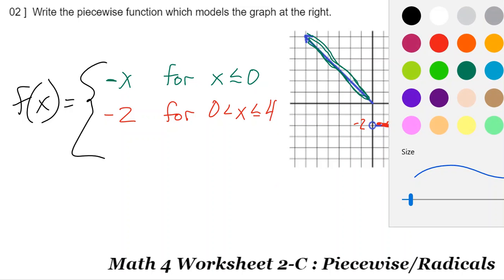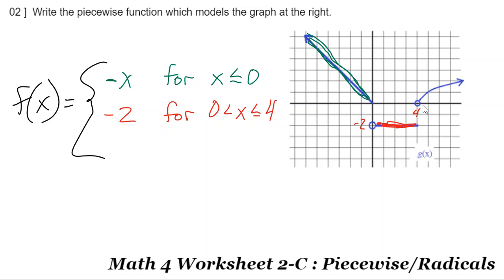And then we'll finish out with the blue guy. He is going up 1 over 1, up 2 over 4. He hits it right there. So this is going to be the square root of x. And since we've moved the vertex 4 units to the right, we're going to say minus 4, doing the opposite. And that is for all x's that are above 4. That's what that should look like.